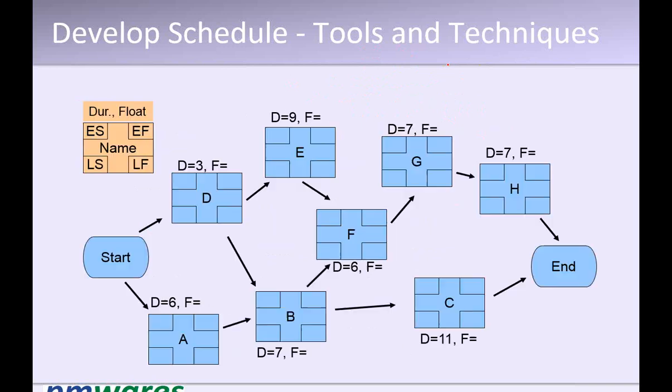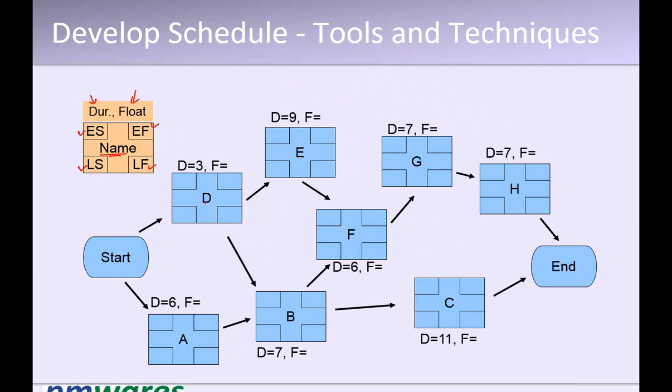So let's understand with an example how we calculate the critical path. Every node has 7 parameters. One is duration, one is float, early start, early finish, late start, late finish, and the name.